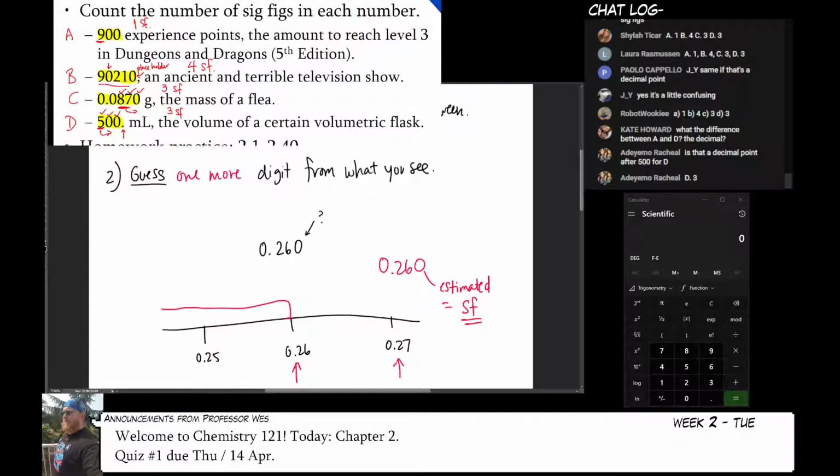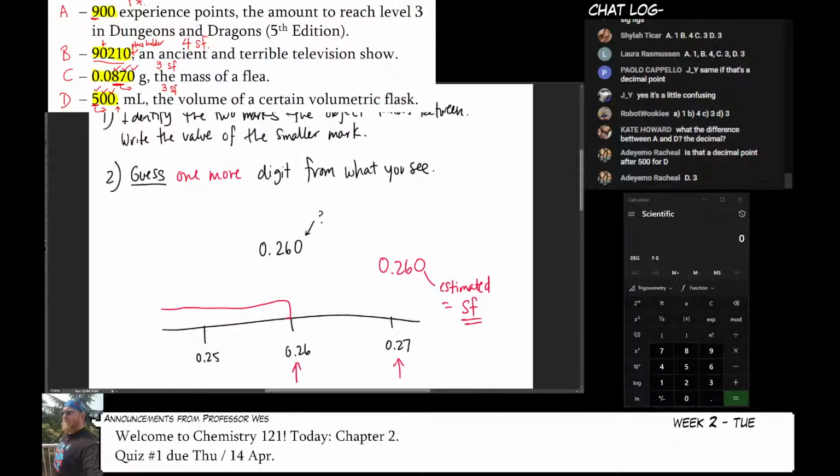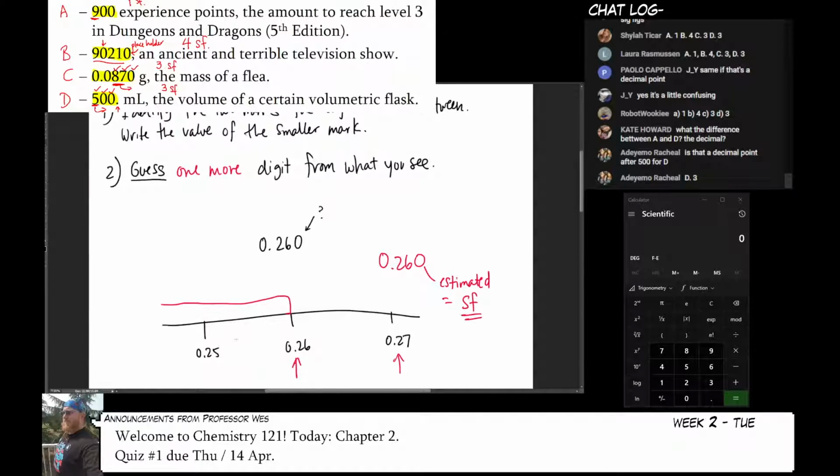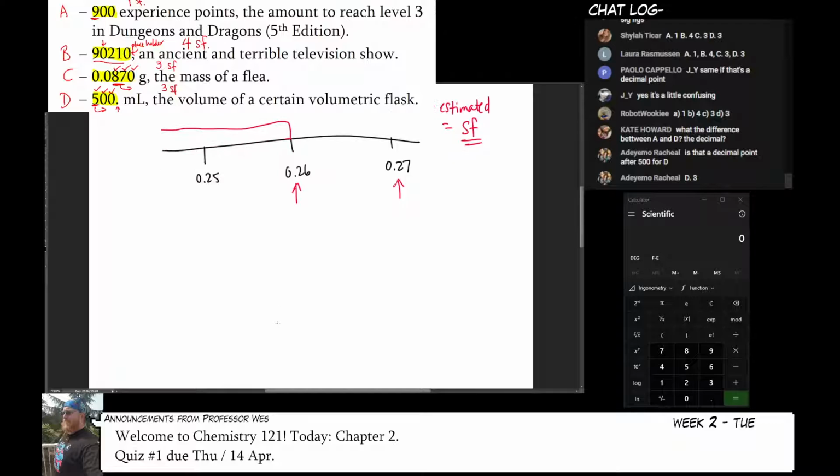Let me put these all on here. Oops, I clicked on the wrong thing. There is a difference between this number and this number.